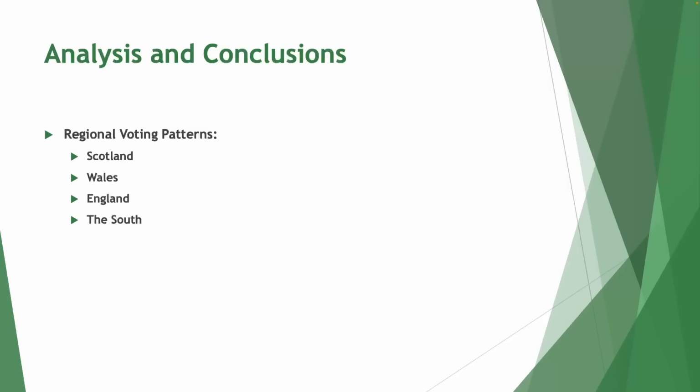When it comes to Wales, Labour also performed strongly. They won 39 out of 40 of the seats in the country of Wales, where the Liberal Democrats made some inroads. Labour's position was still nevertheless dominant. When it came to the traditional conservative heartlands in England, Labour managed to make considerable inroads there as well, particularly when thinking about urban environments.